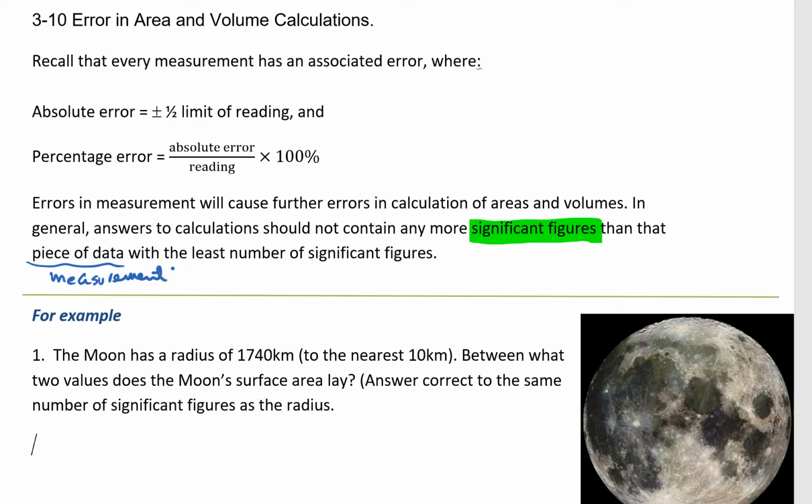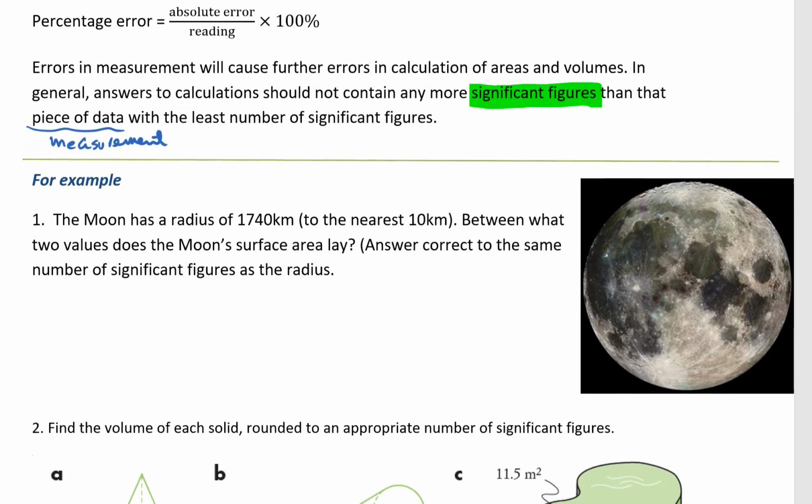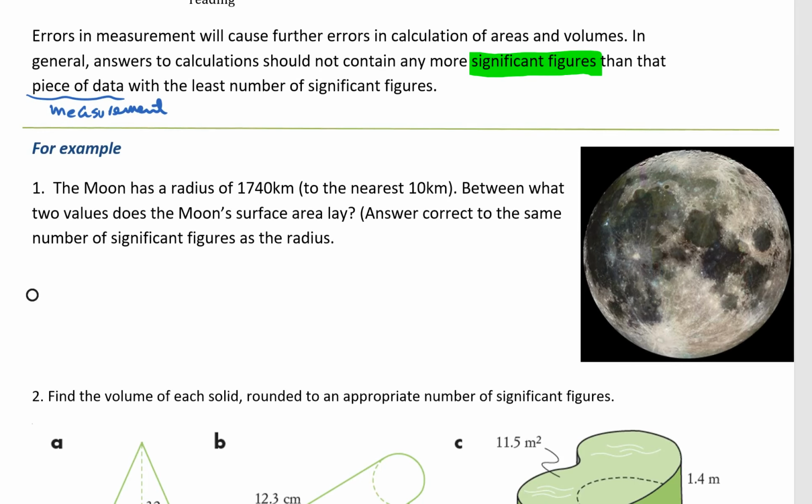So, a nice example here is about the moon. And why I say it's nice is because there is only one measurement used in finding the surface area. So, the moon has a radius 1,740 kilometres to the nearest 10 kilometres.